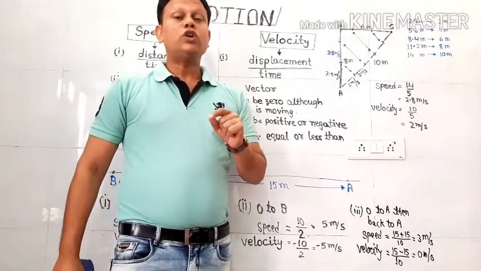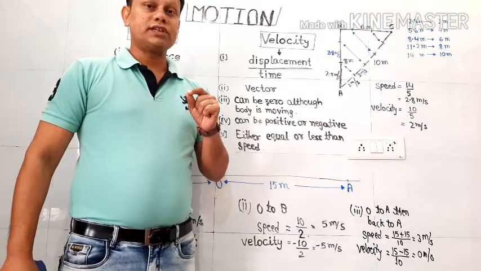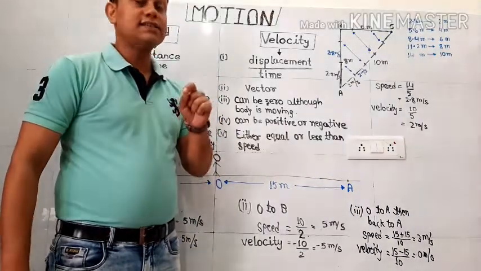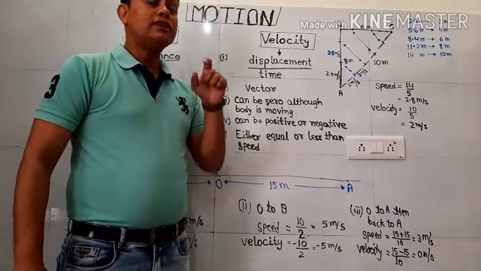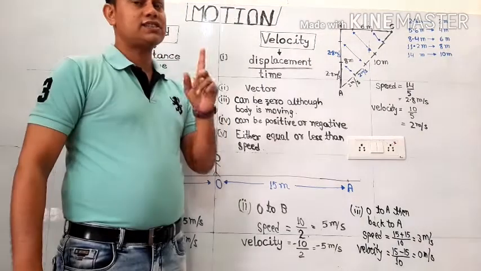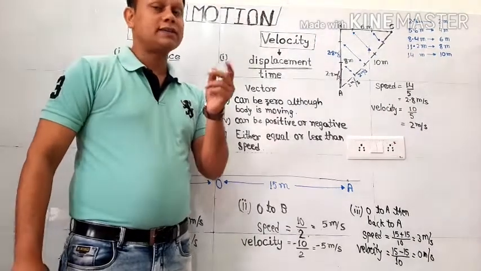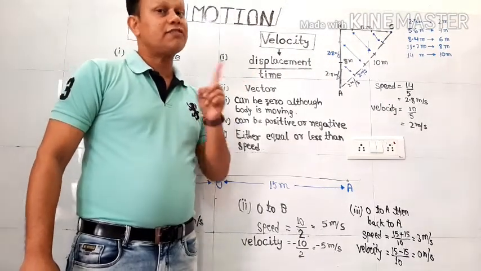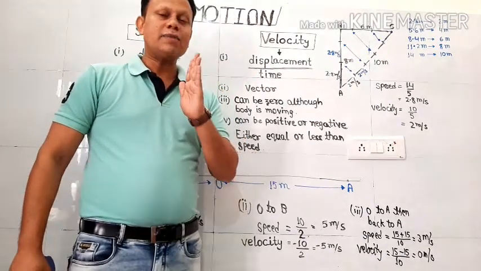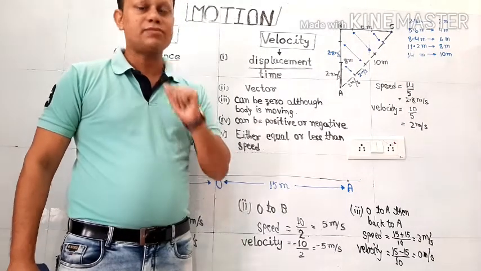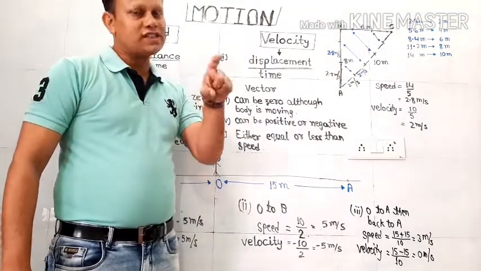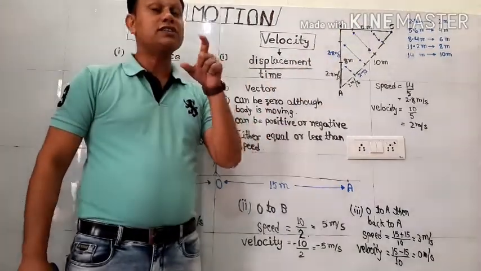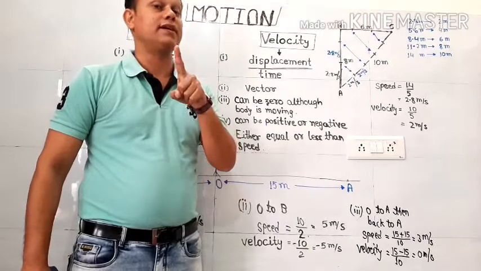Now, what do we take for an object about its speed? That is how much distance the object is traveling on its path per unit time. Unit time means here, I have taken 5 seconds, so time is divided into 1 second 5 times. For each 1 second, while traveling on this path, what is the distance traveled per second?